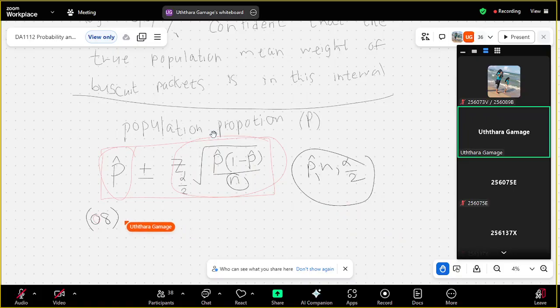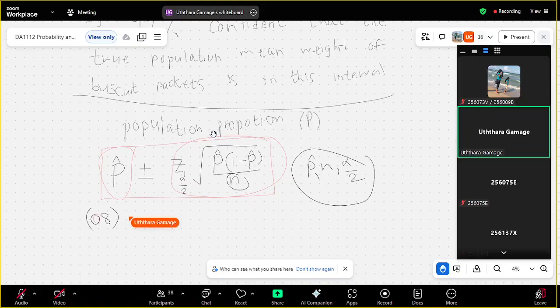Let's see. A manufacturer wants to assess the proportion of defective items in a large batch produced by a particular machine. So that large batch is the population, right? So he wants to assess the proportion of defective items in the population.